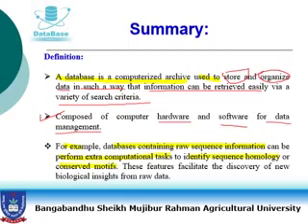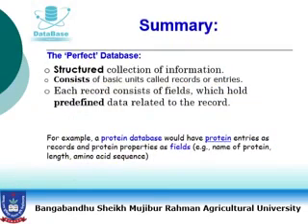So as part of the summary, what is a perfect database? A database is a structured collection of information that must consist of basic units that we call records or entries, and each record consists of fields which hold predefined data related to the record.